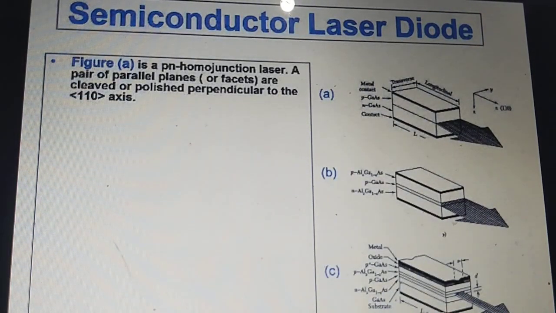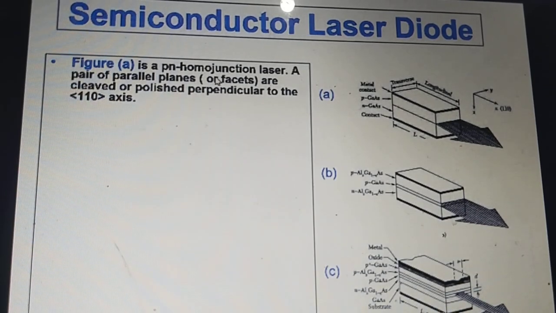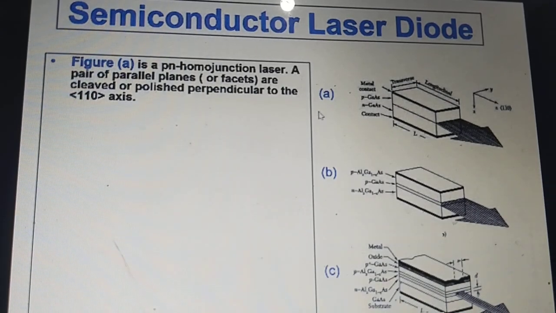So let's see how it is available in the laboratory and how it is available in the market. In the PN junction, figure 1 shows a P gallium arsenide and N gallium arsenide with a metal contact on top and a contact here.